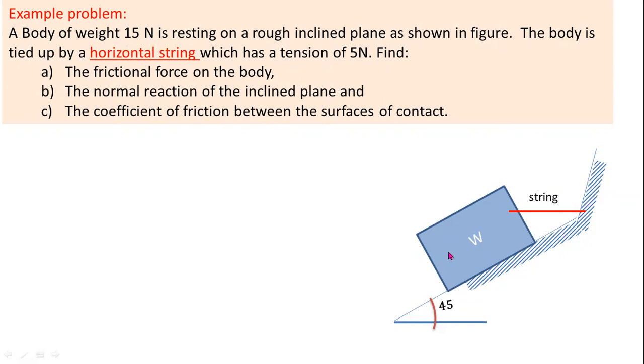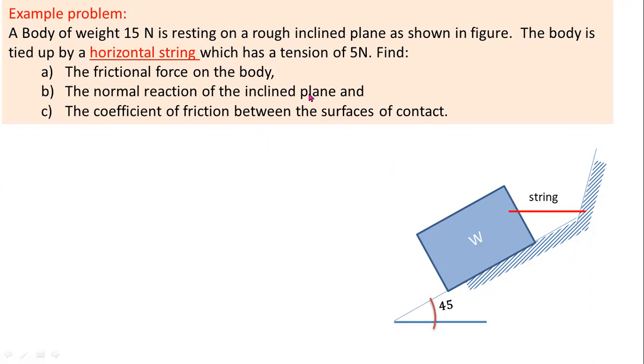The body is tied up by a horizontal string which has a tension of 5 newtons. Find the frictional force on the body, the normal reaction of the inclined plane, and the coefficient of friction between the surfaces of contact.